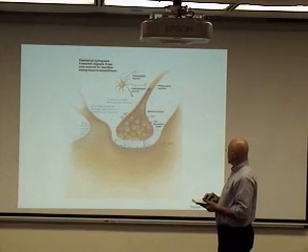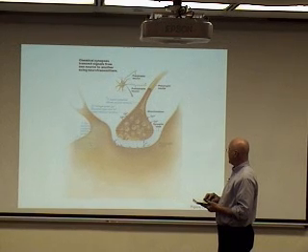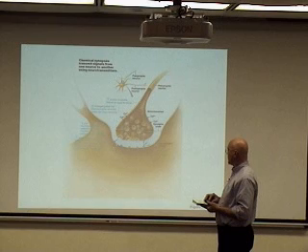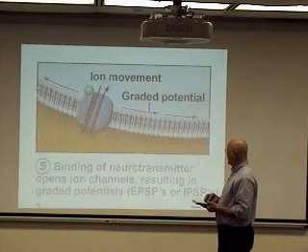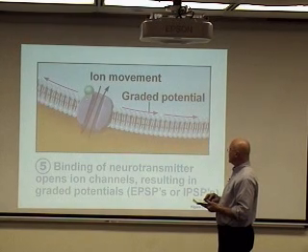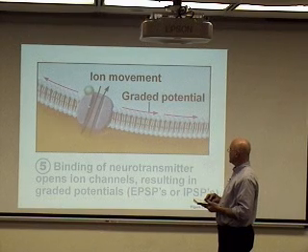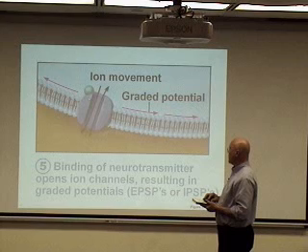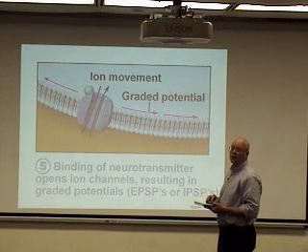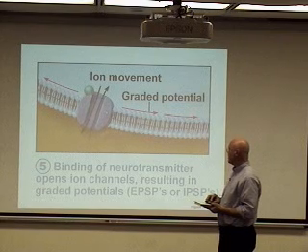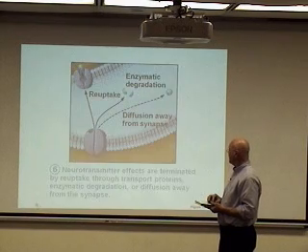The neurotransmitter will then diffuse across the synaptic cleft, and it will bind to the neurotransmitter receptor. So here is the neurotransmitter, here is the neurotransmitter receptor. When the neurotransmitter binds to the receptor, it then causes graded potentials. It then causes the EPSPs or the IPSPs.